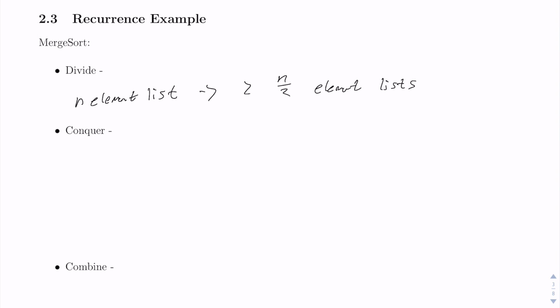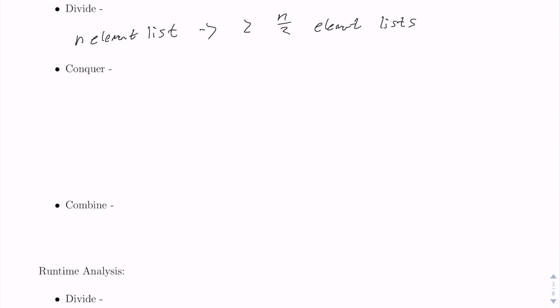That's our divide step. So how does our conquer step, how does our recursion work in merge sort? Anybody, briefly, one of the cases? Yeah, you have the base case of 1, which is sorted.